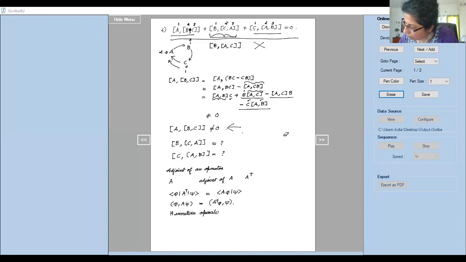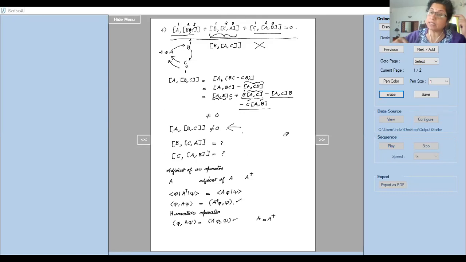Our definition was that phi A psi is equal to A phi psi, right? If you compare this and this, you will realize it means that A must be equal to A dagger. So please remember, if A is equal to its adjoint, it is a Hermitian operator.